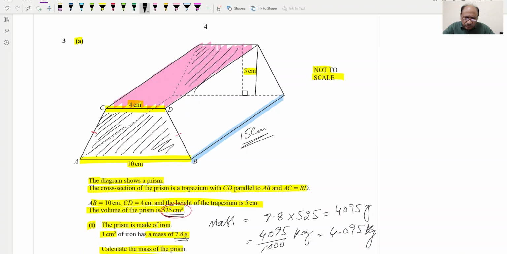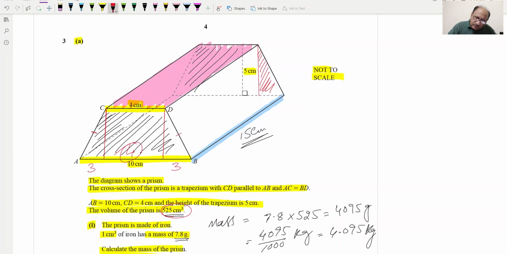If I redraw this triangle, the middle portion is 4 centimeters, so out of 10 the remaining sides will be 3 and 3.